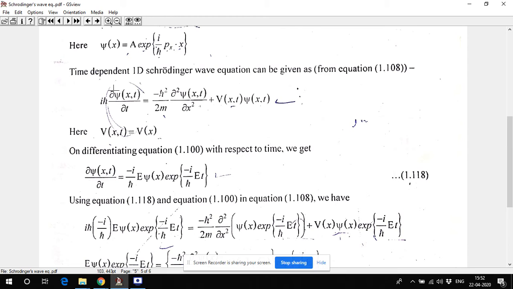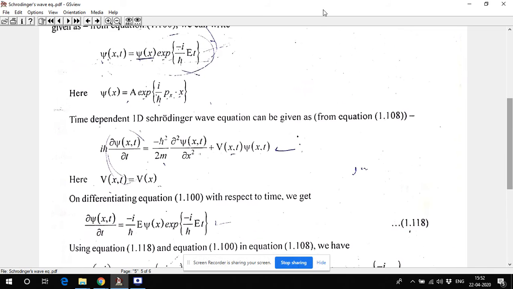So I will actually differentiate psi(x,t) with respect to t. Now what will happen on this side? If you differentiate this equation with respect to t, this quantity will be constant because it is time independent. But this quantity will definitely differentiate with respect to t.